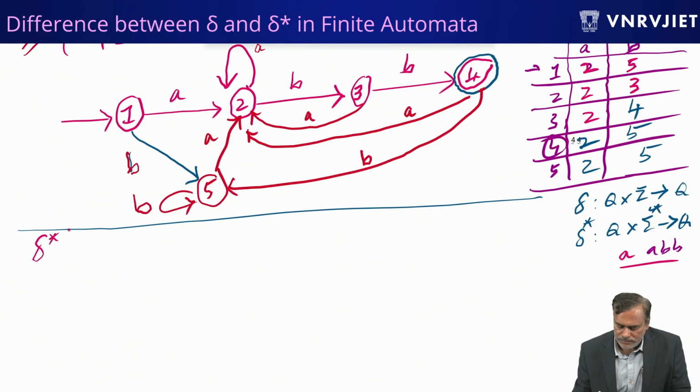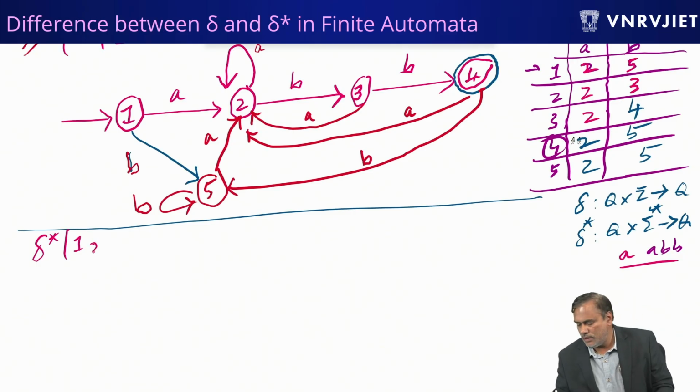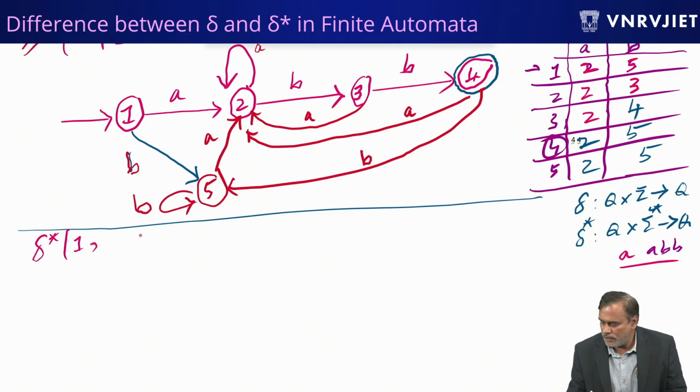Delta star of, what is the start state? That is 1, on AABB. How is it going to get processed?